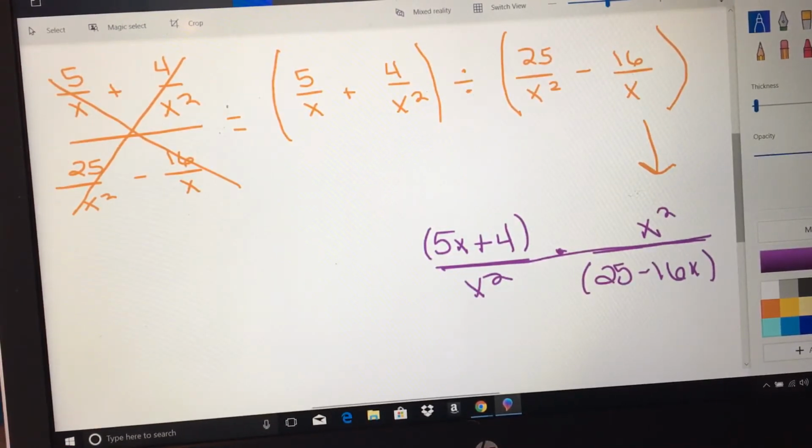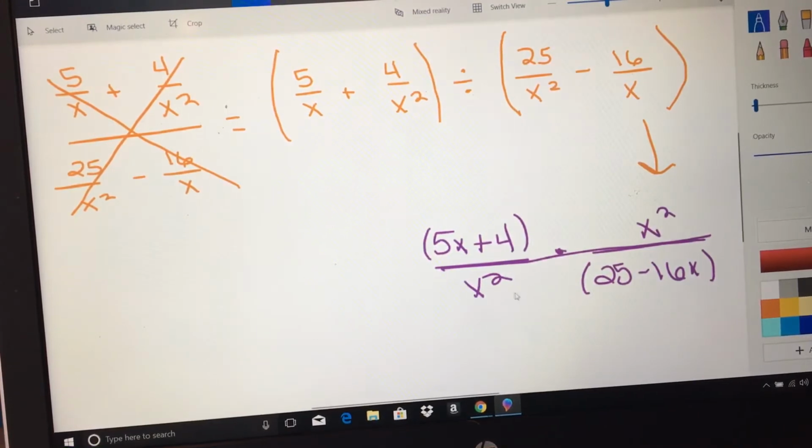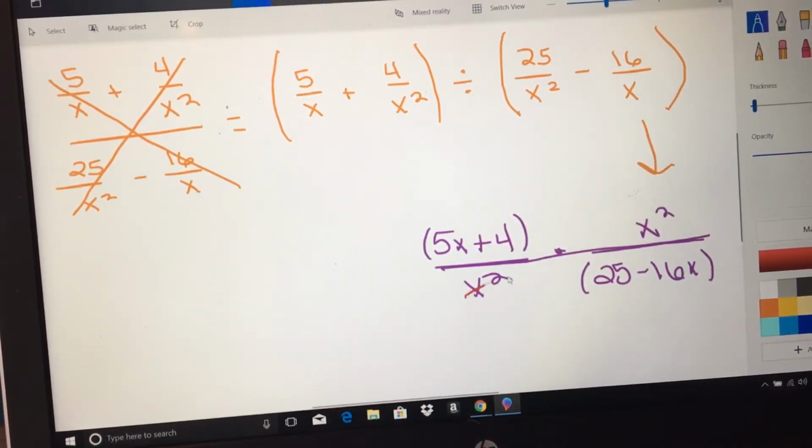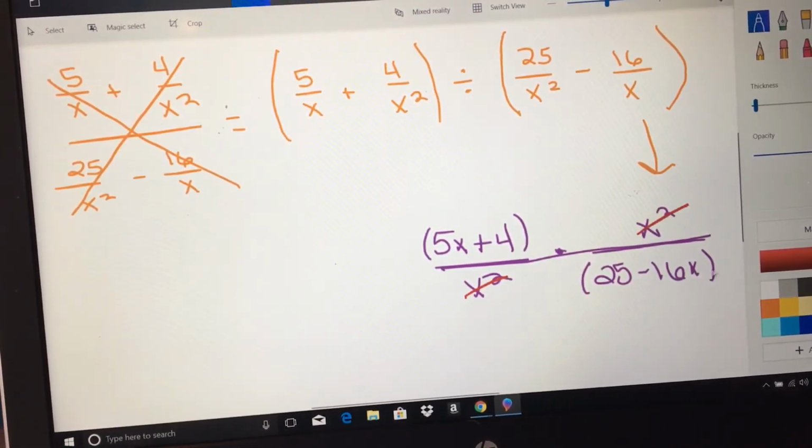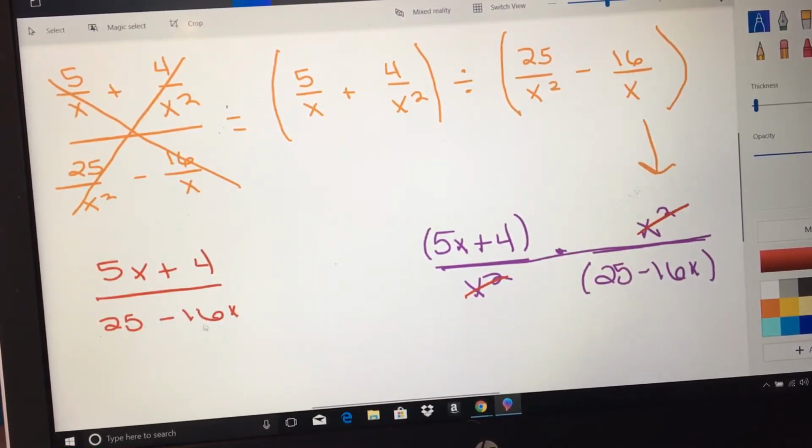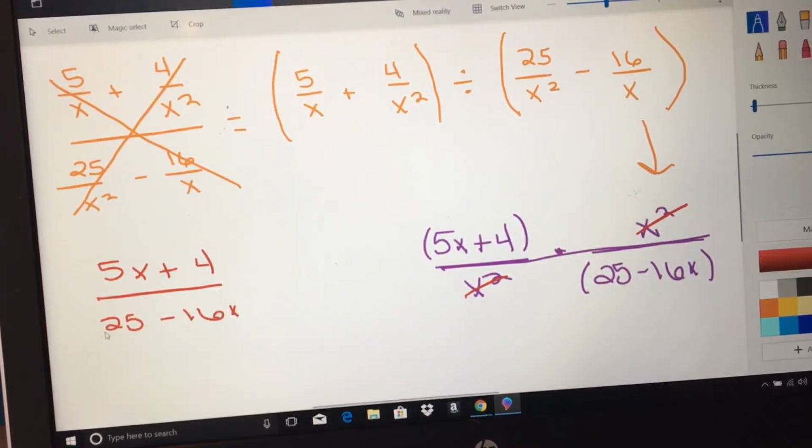And then I'm just going to cancel out my like terms, top to bottom. So top to bottom, I have x squared and x squared. So I'm left with 5x plus 4 over 25 minus 16x. Now, we're not actually done here because when we look at the 25 minus 16x, we might be able to take a GCF out of that.